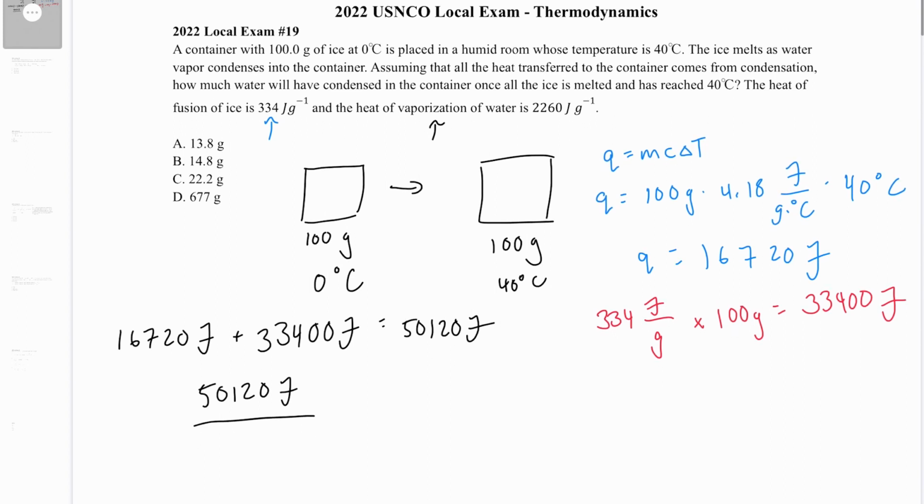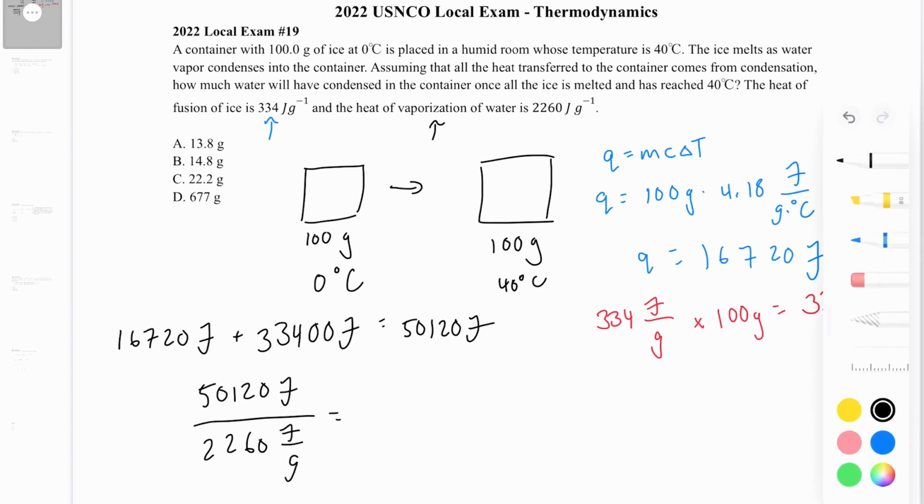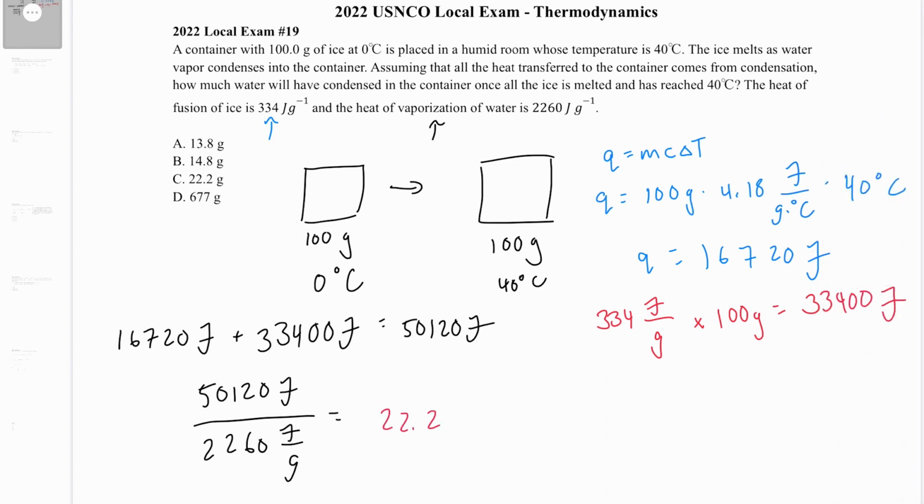So 50,120 joules divided by 2,260 joules per gram gives you your answer, which is about 22.2 grams. And that is answer choice C. And that's how you do question 19.